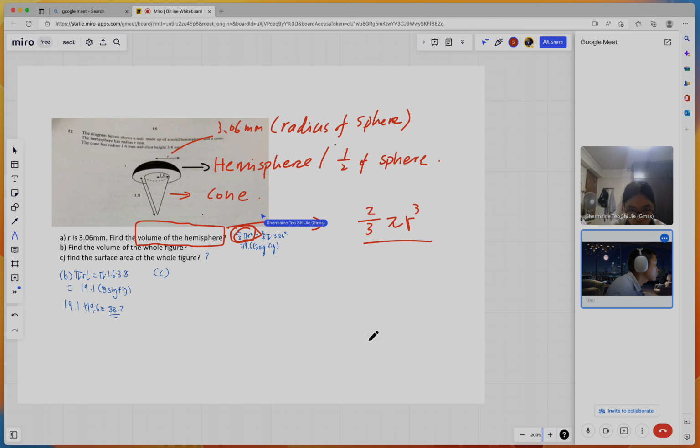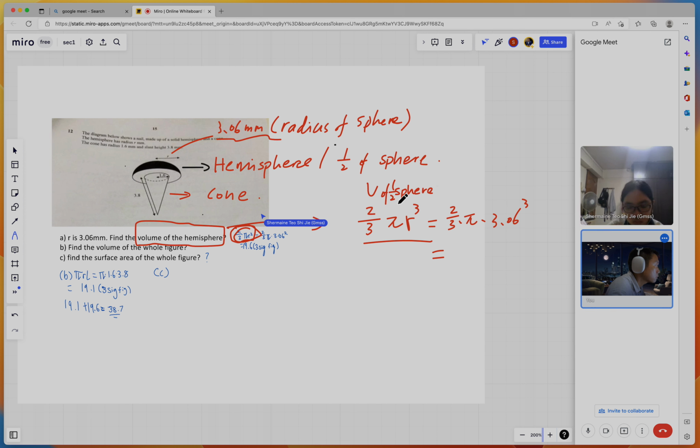So what's the formula? 2/3 pi r cube. Very good. So 2/3 pi times the radius 3.06 cubed. Okay, can you punch the calculator? So this will be the volume of the sphere. Oh, sorry, hemisphere.